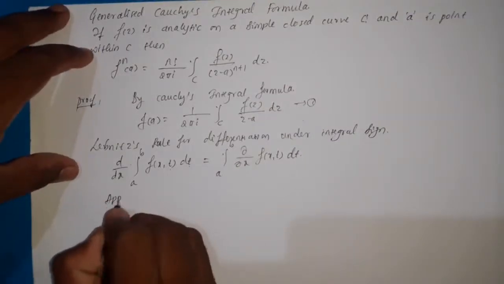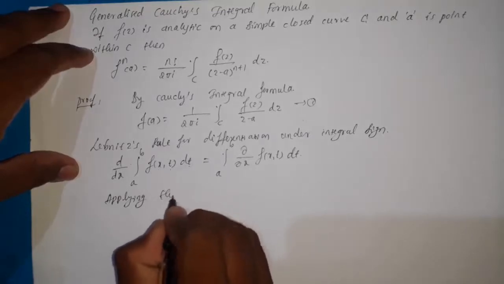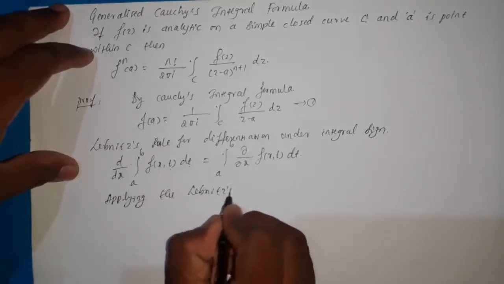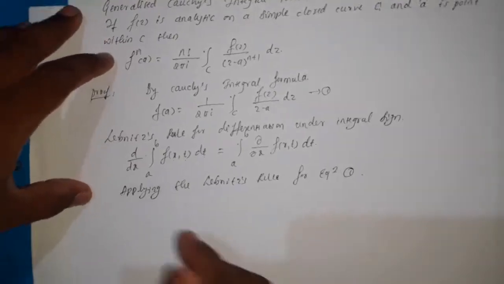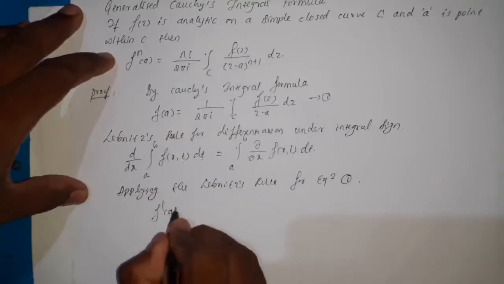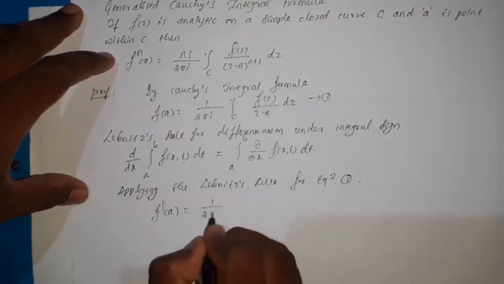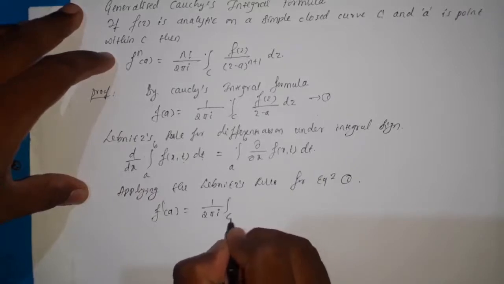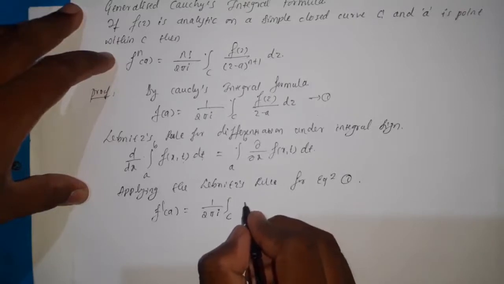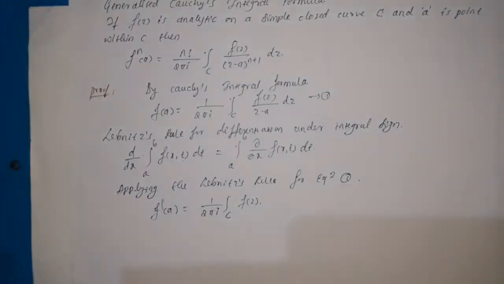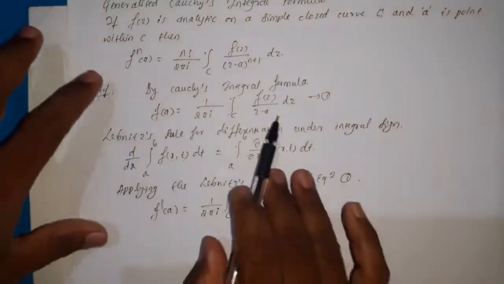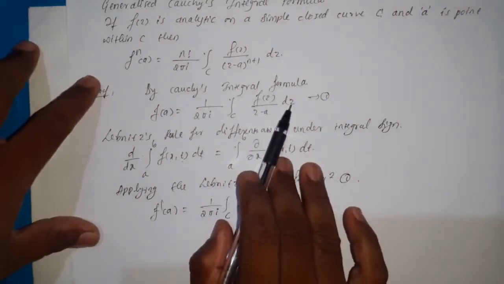Now applying the Leibniz rule for equation 1, f of a becomes f dash of a because we are differentiating, that is equal to 1 divided by 2 pi i integration over C f of z into, so here on the RHS the function has two variables z and a, where a is nothing but a parameter, but we need to differentiate with respect to a only because already the function is integrated with respect to z and the remaining is a only.